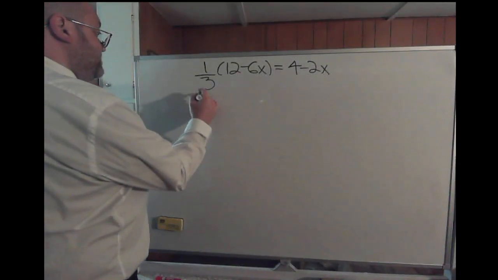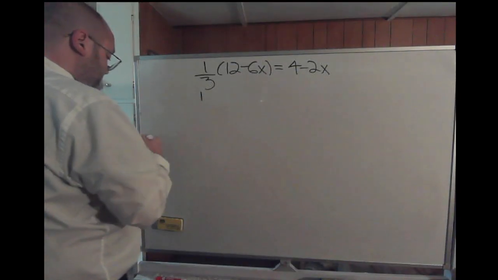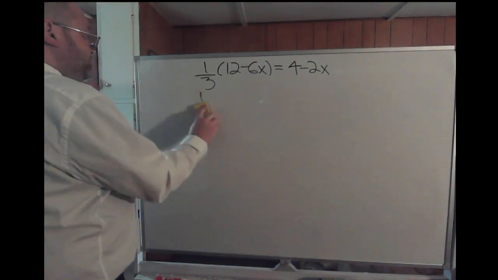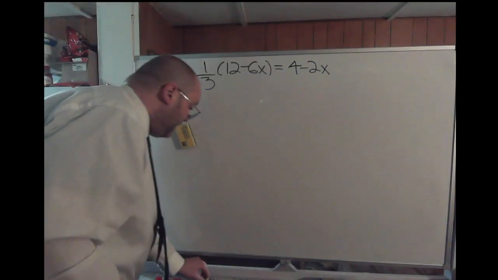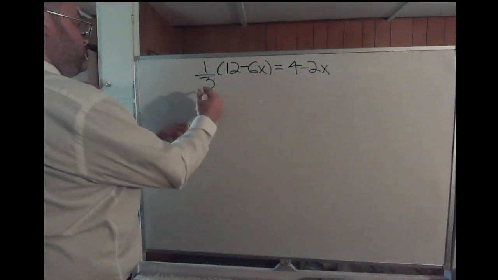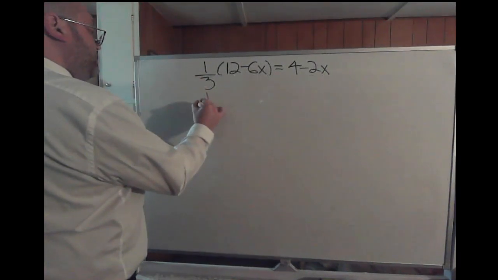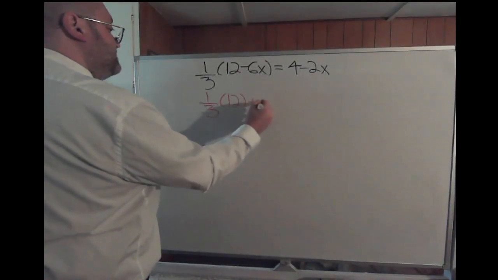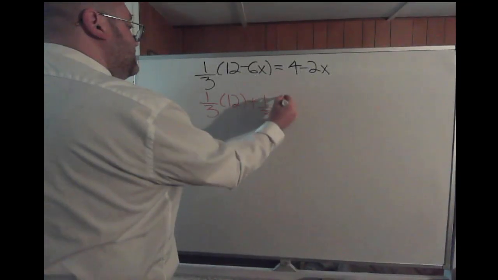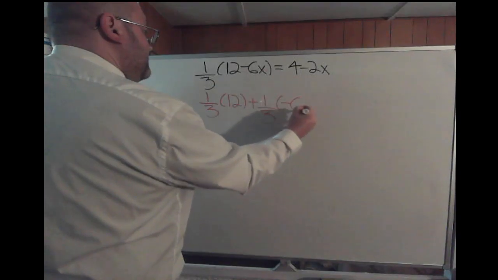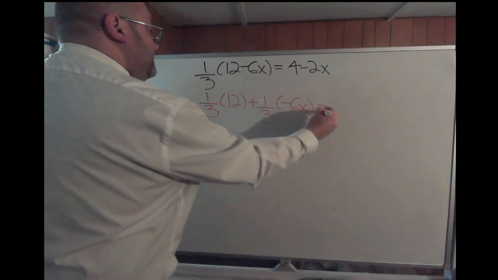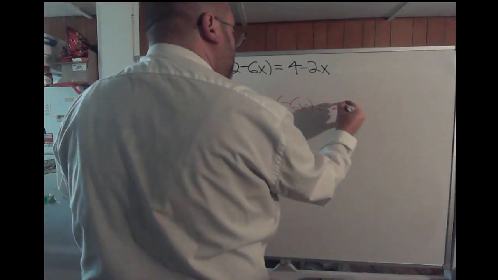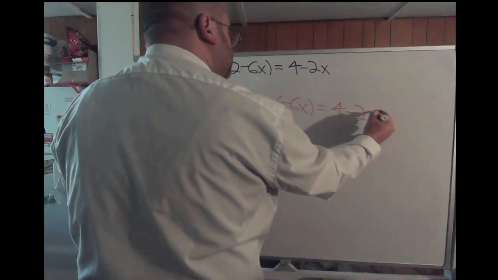So on the left side, you'll have 1/3. Whoops, let's write in a different color. I'm trying to keep the original problem in black and then the steps in red. So on the left side, you'll have 1/3 times that 12, plus you'll have 1/3 times that negative 6x would be equal to that 4 minus 2x.